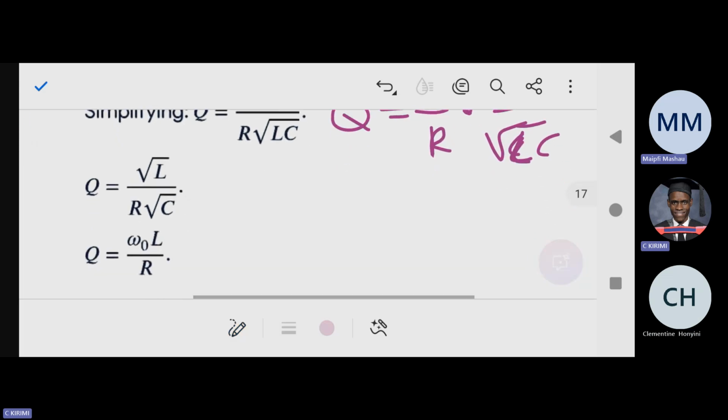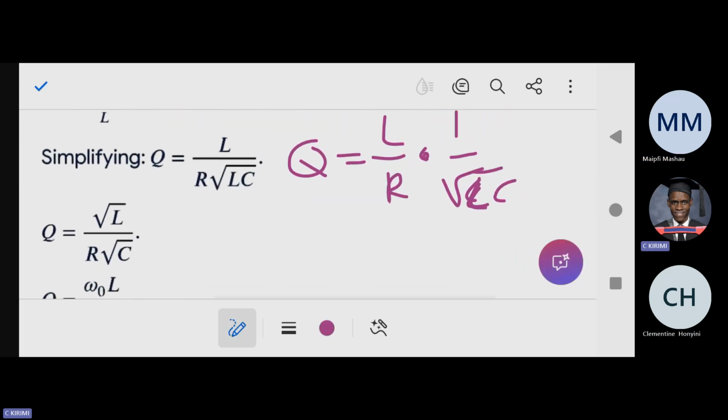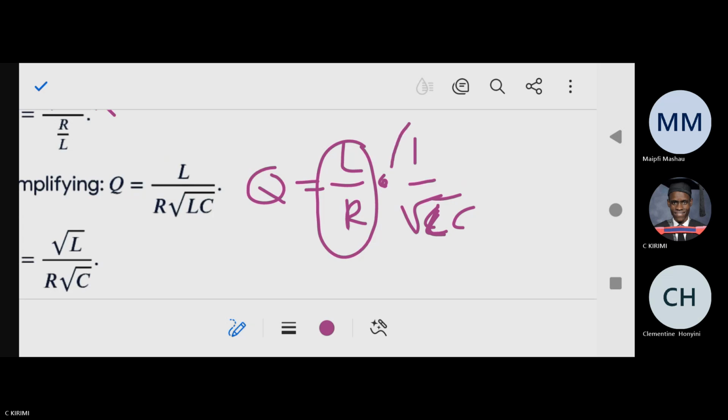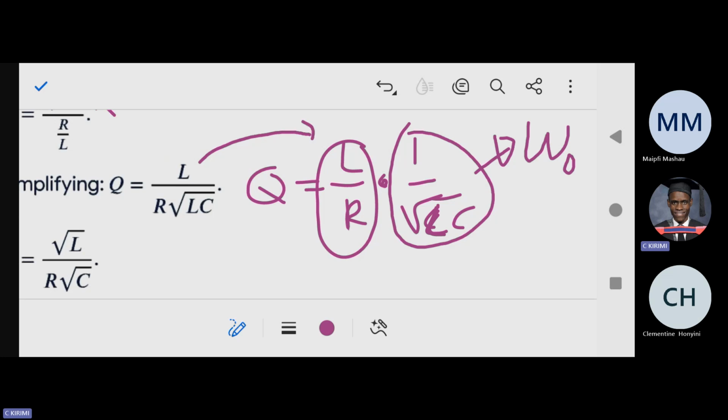So in other words, if you manipulate this, you are going to find out what is this L over R, and also this W naught. What is it? This is what we are referring to as the angular resonance frequency, which is this simple. So if you manipulate this, you are going to get that.